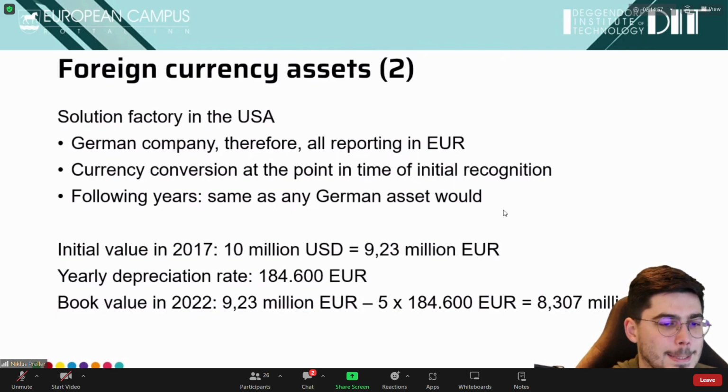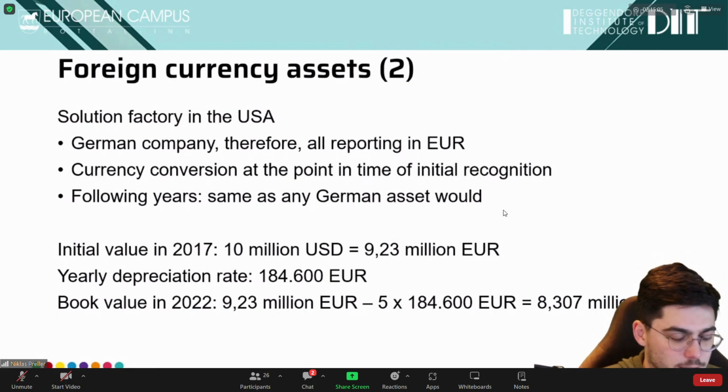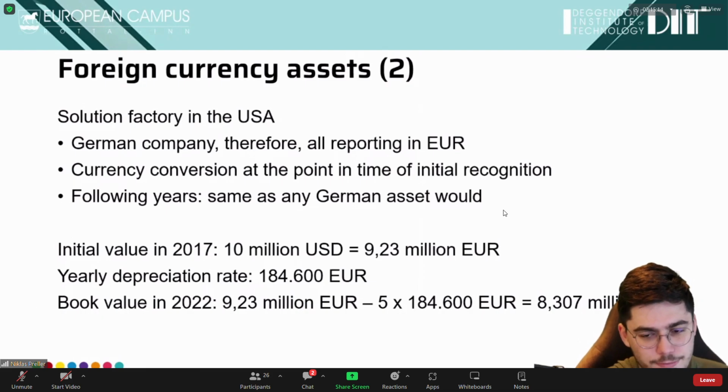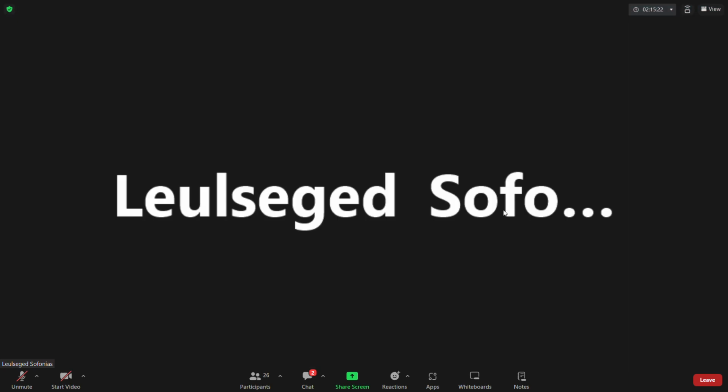But in this context, we don't account for the inflation, except for specific cases when we have, as you mentioned, abnormally high inflation rates of, let's say, over 50%. But that is a whole different standard that we don't take a look at. Thank you. Welcome.